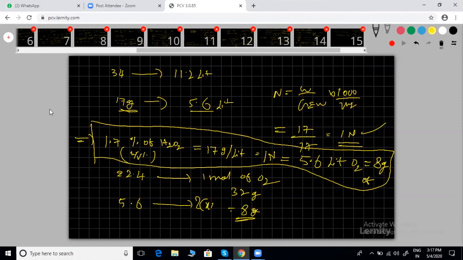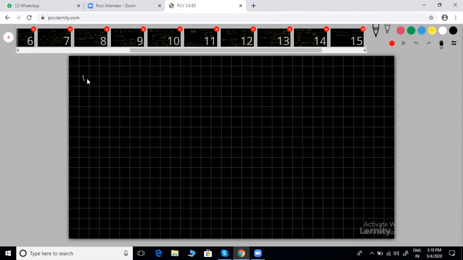Volume strength of H2O2 into volume of H2O2 equal to volume of O2 at STP.